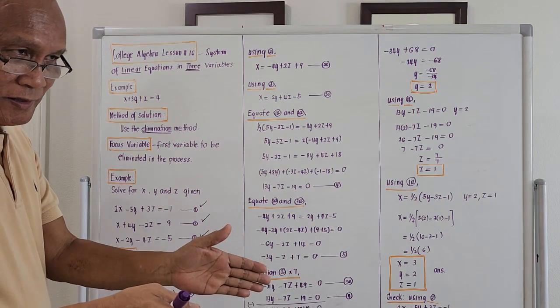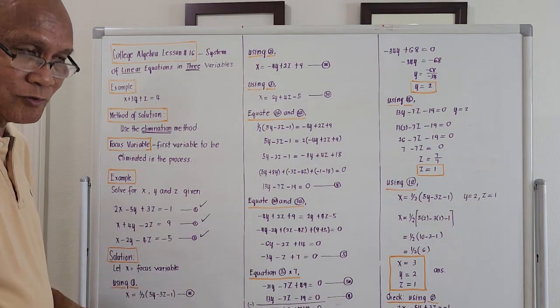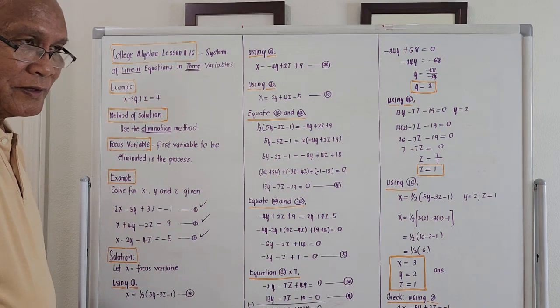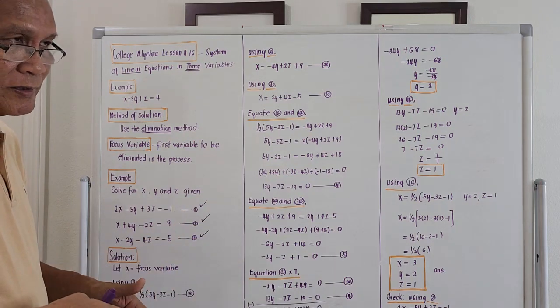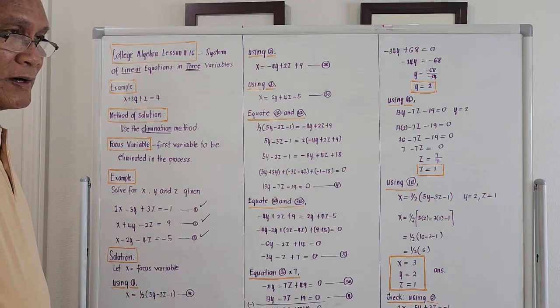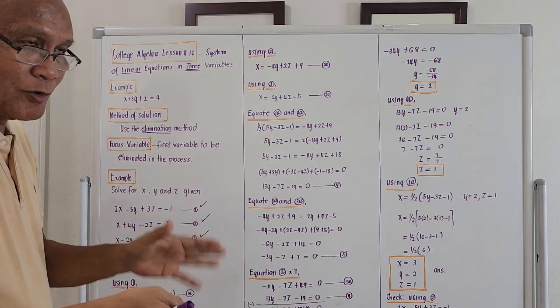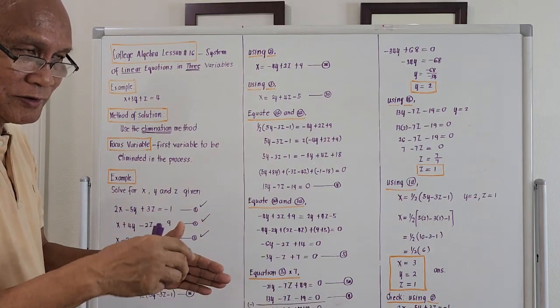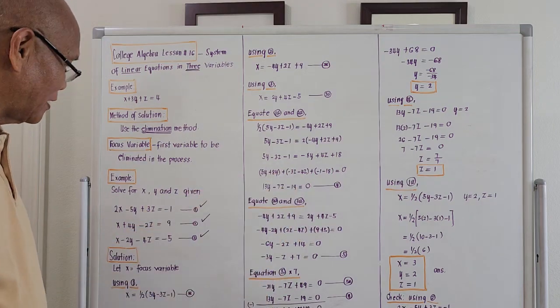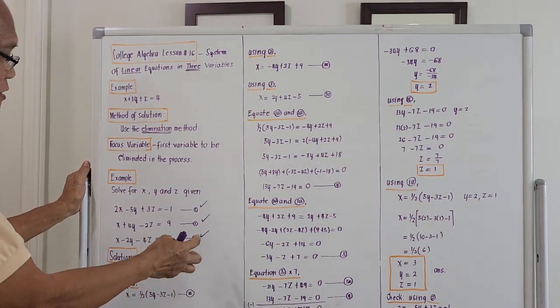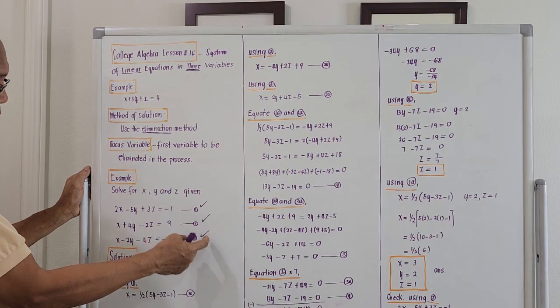Anyway, the SET and CET exams are actually multiple choice. If you could bring out your solution as soon as possible, you could bring out the proper choice for the solution. Let's try to bring out the solution of these three linear equations.